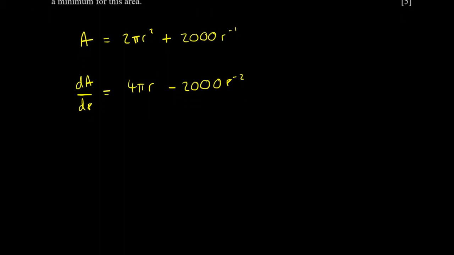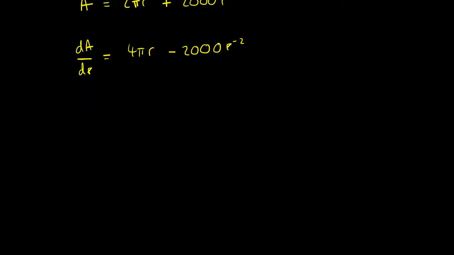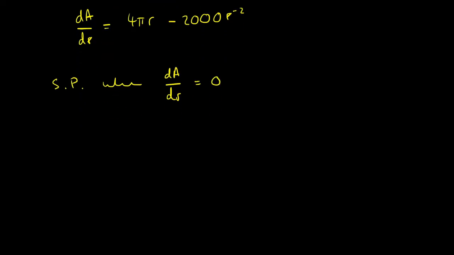Well, where do we get a maximum or a minimum? We get maximums or minimums when the derivative is equal to 0. So we can write something like stationary point when dA dr is equal to 0. Okay, and if I was to solve that, I get 0 is equal to 4 pi r minus 2,000 upon r squared, right?